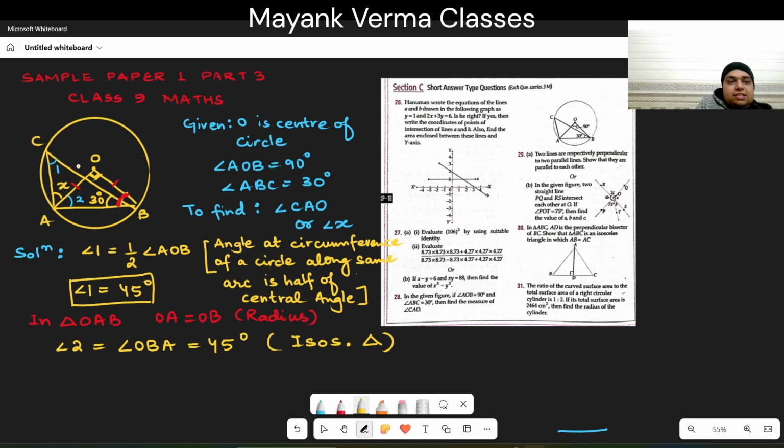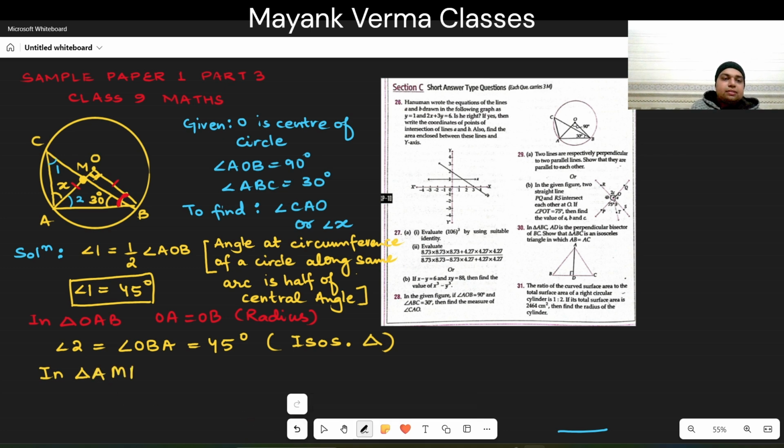Now let's say this point is M, the intersection point. Now I'm saying in triangle AMB, I'm talking about this triangle. Angle 2 plus 30 degrees will be equal to this angle, yes or no? Let's say this is angle 3.